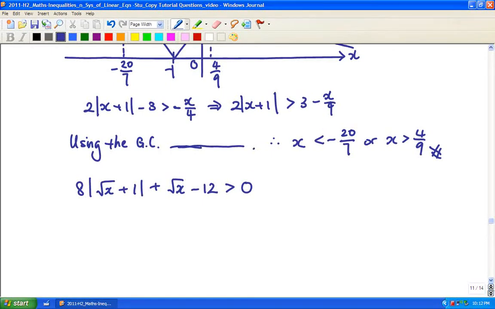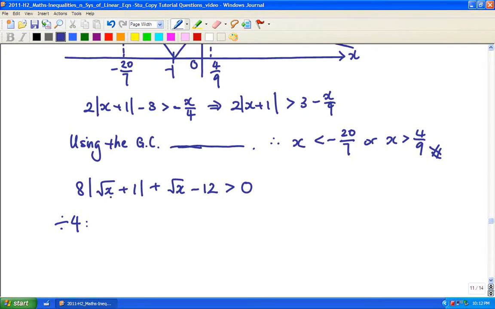Now what we should try to do is manipulate to a form that is similar to our first inequality. So what I'm going to do now is divide both sides of the inequality by 4.